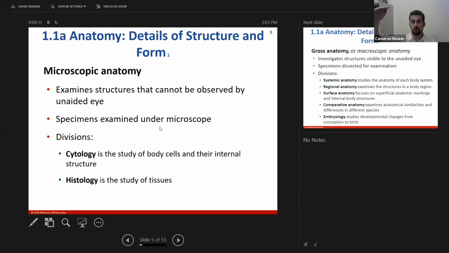We go from cells to tissues to organs to organ systems to organism. And that's important to understand because certain cells are going to look a certain way. The cytology of a cell is going to be specific to what that cell is doing, but the histology of that cell may be a little bit different because that cell is going to be working with a whole bunch of other cells to accomplish some purpose in the human body.